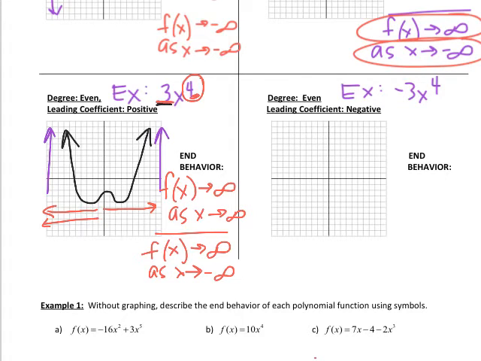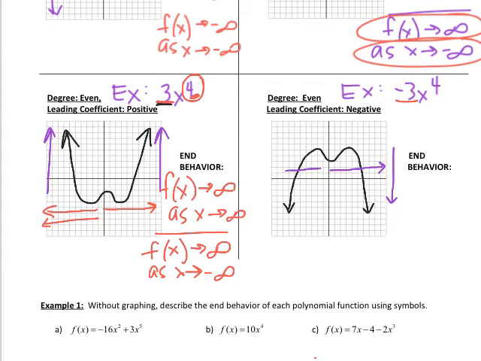So there's going to be a couple things different when we look at the next graph, the last graph here. If the number in front, the leading coefficient, is negative, then of course we're going to have a downward facing graph, as we learned about those parabolas last semester. When there was a negative in front of our function, then the graph was downward facing. And this time, as x gets bigger, what's going on with the graph itself? It's going down, so it's getting closer to negative infinity.